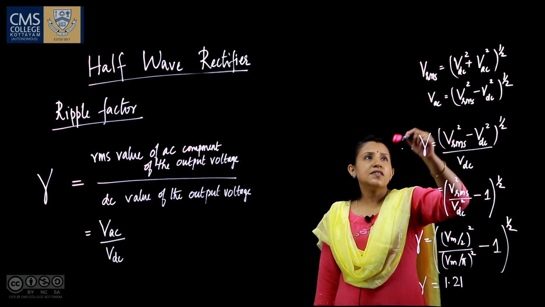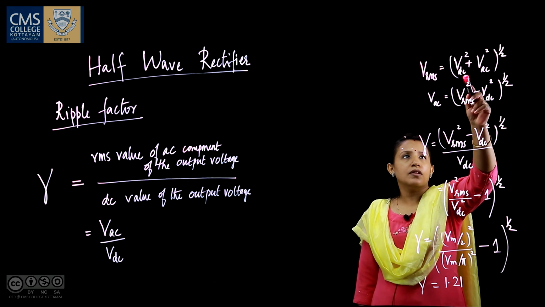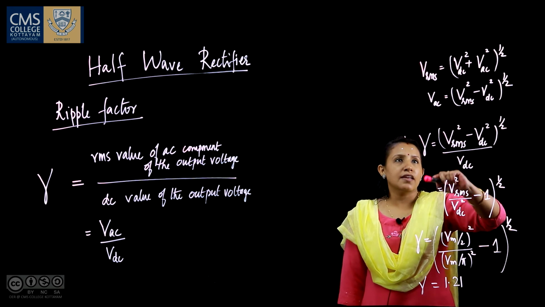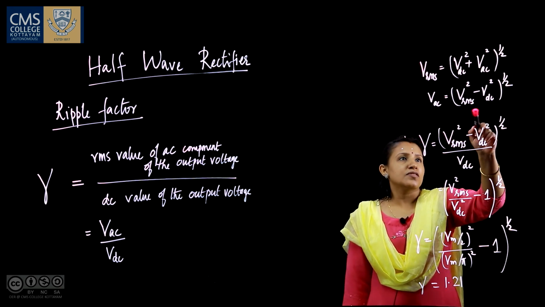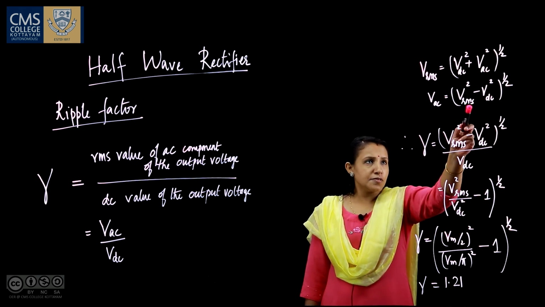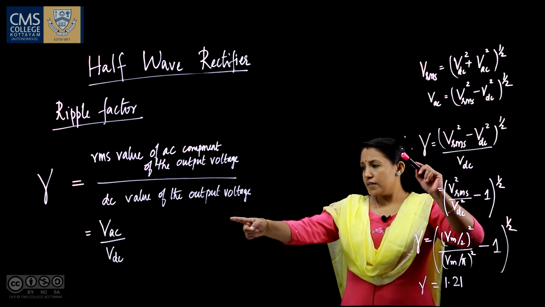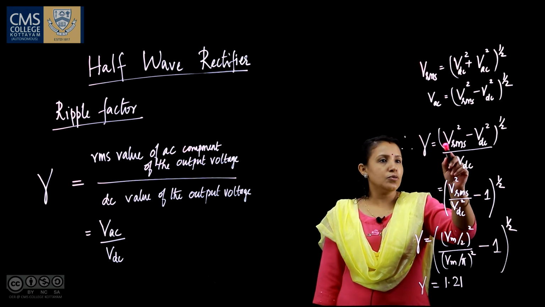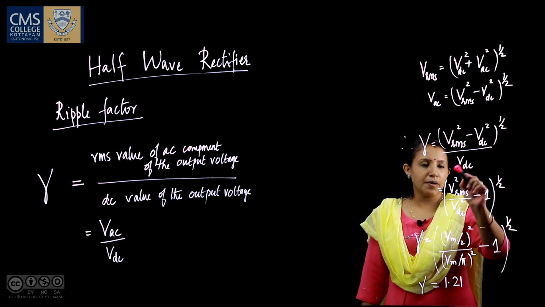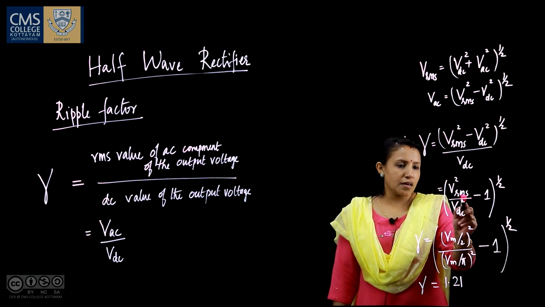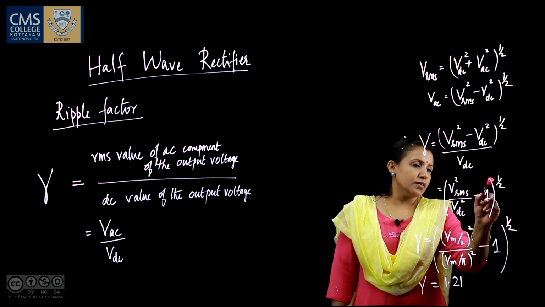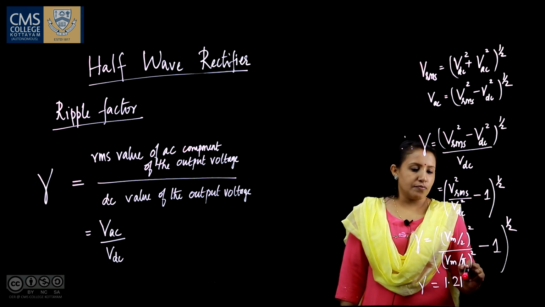We know that VRMS is equal to the square root of VDC square plus VAC square, so VAC is equal to the square root of VRMS square minus VDC square. Substituting the value of VAC, we get gamma is equal to VRMS square minus VDC square, whole raised to half, divided by VDC, or V square RMS by V square DC minus 1, whole raised to half.